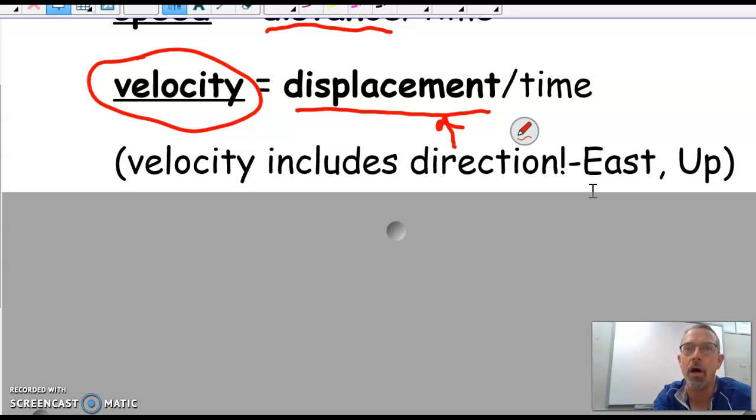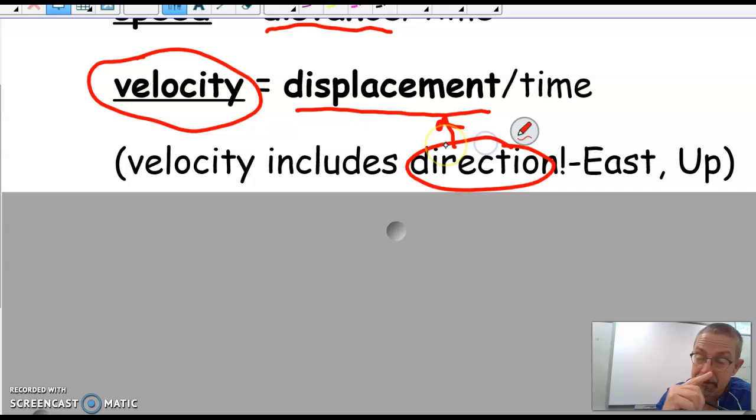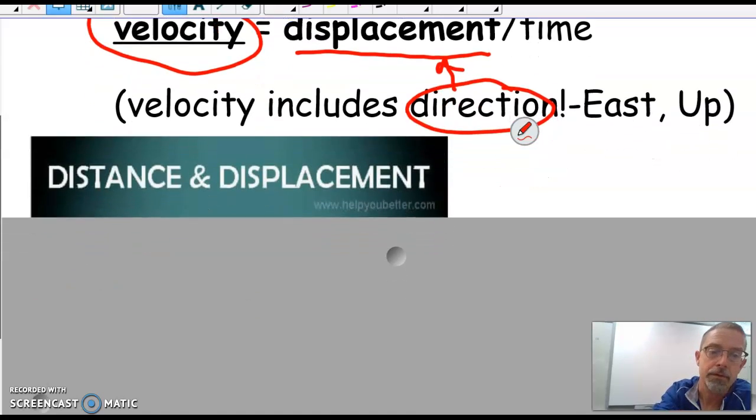So I might walk 2 meters per second to the north, or I might throw a ball 10 meters per second upwards, or I might be falling at 5 miles an hour down. Those are different velocities. They are going to include direction, unlike distance or speed.